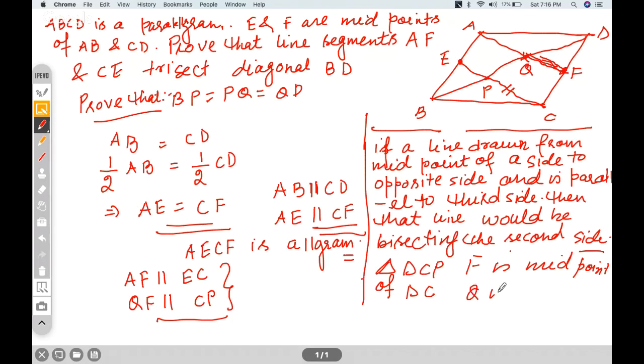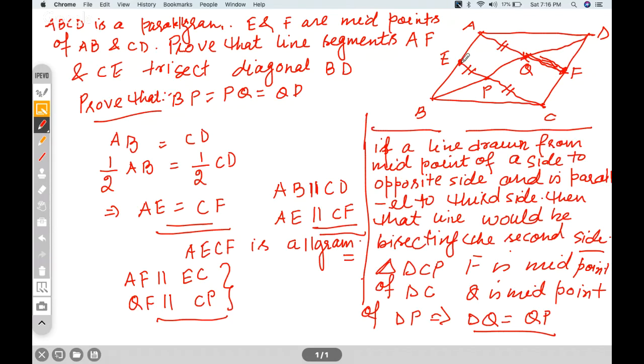So Q is midpoint of DP, which says that DQ is equal to QP. Similarly, I can prove it on this side. So how can I prove it on this side? So I can say that this part is parallel to this part.